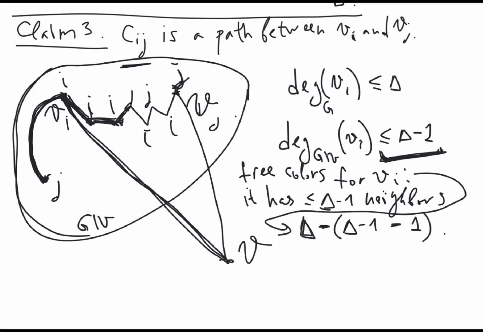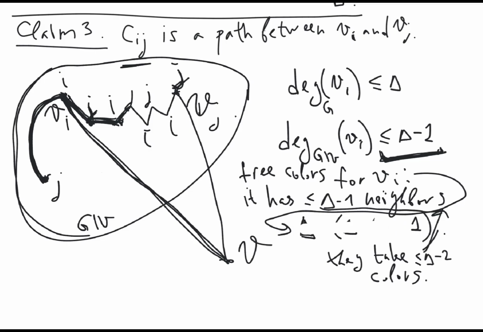So among these delta minus 1 neighbors, there is at most delta minus 2 colors, because two of them have the same color, J. So the free colors would be delta minus delta minus 2, which is equal to 2. So we have two free colors for Vi.